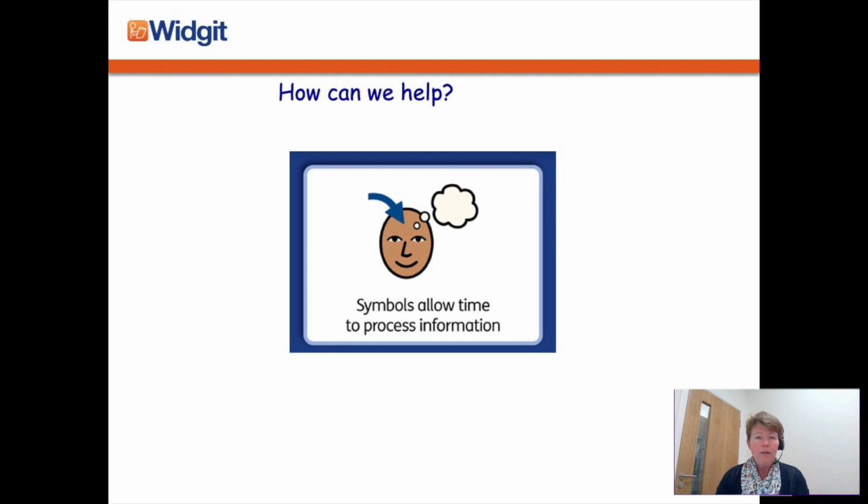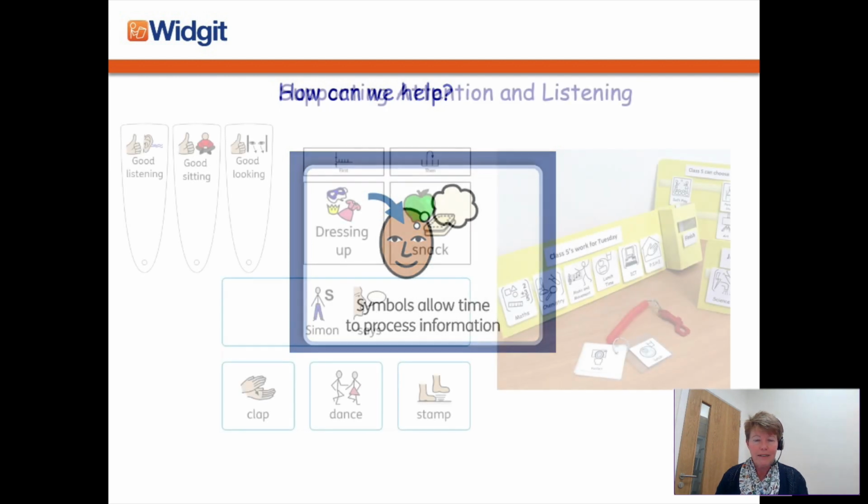If you put all of those groups together, that's a big number in your classrooms. So allowing more time to process information by giving a symbol can be helping a large number of children in the classroom setting. Again, we'll look at some examples, please.